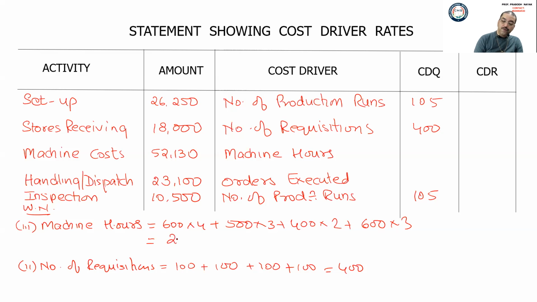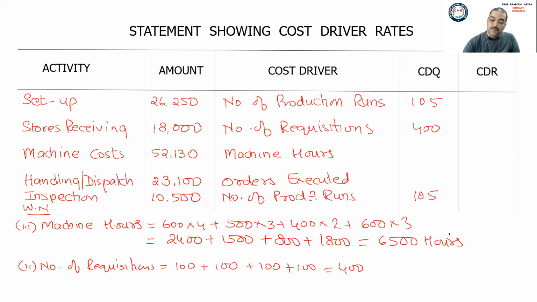That is 2,400 plus 1,500 plus 800 plus 1,800, which is 6,500. Machine hours 6,500.